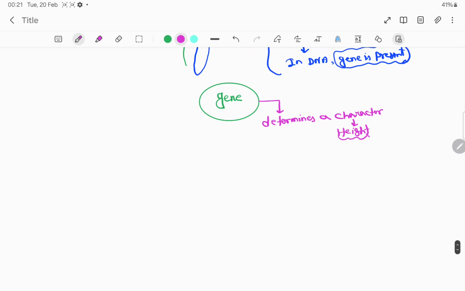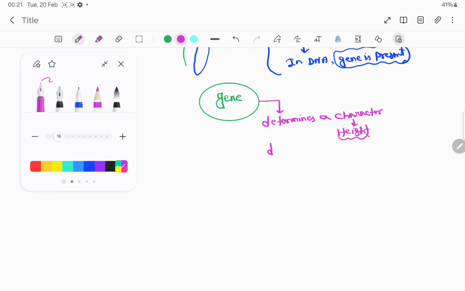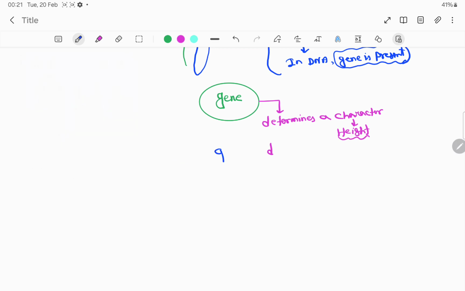Suppose there is another gene that determines another character, suppose the character is eye color. Eye color. Clear?